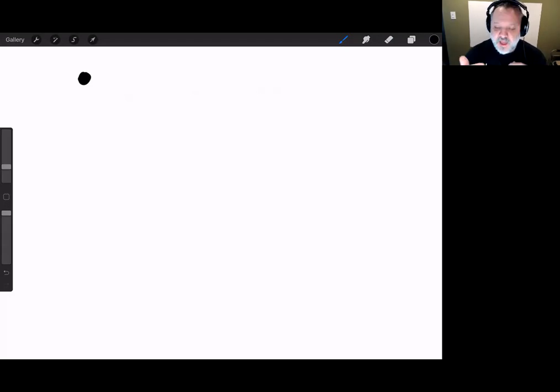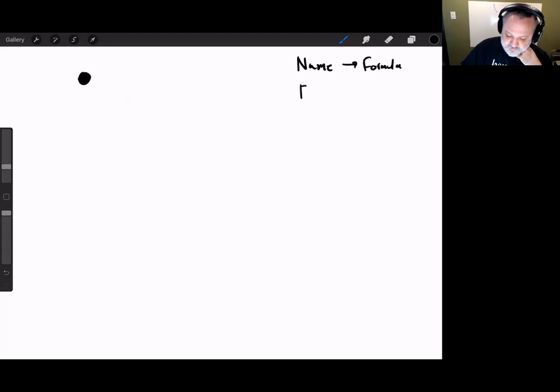And so with that in mind, you should definitely know the name and formula for the first 30 atoms. And let's just start there. That's a good place to start.